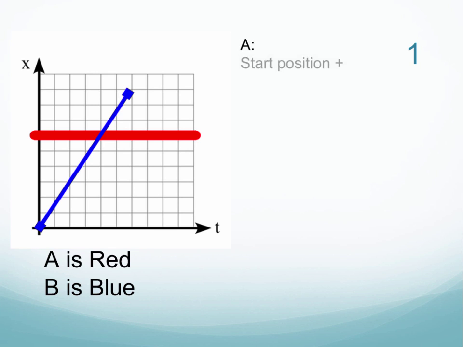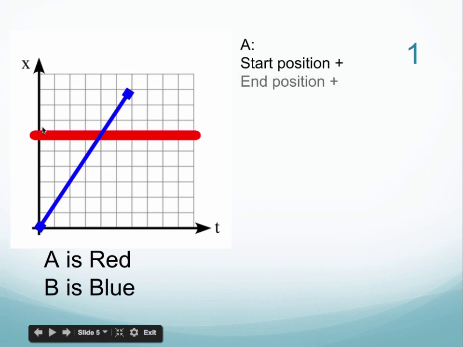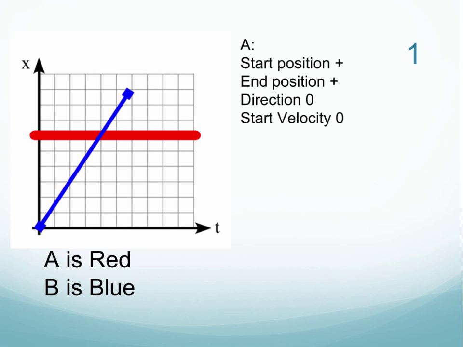So A has a starting position that is positive, right there. Its ending position is also positive. It has no direction. Its starting velocity was 0 because you got out your handy-dandy slope-o-meter and the slope of your pencil was 0. Its ending velocity was also 0, so this object is standing still.